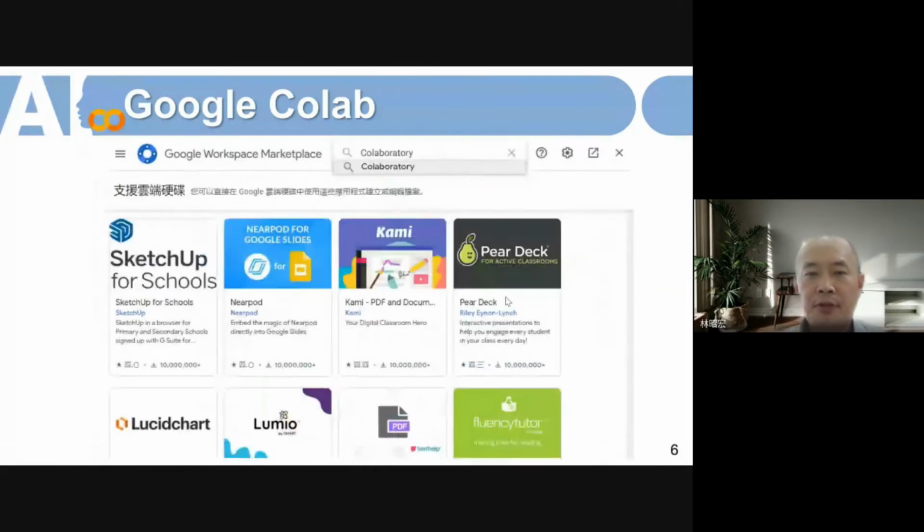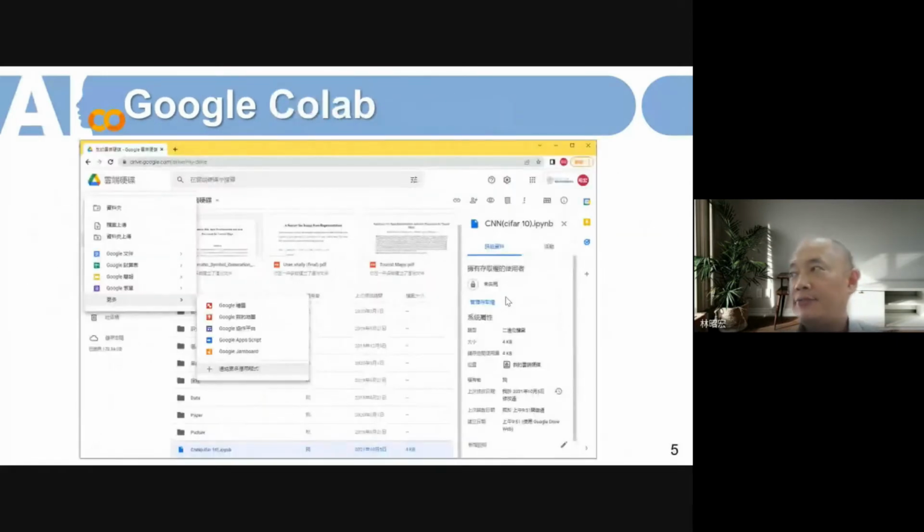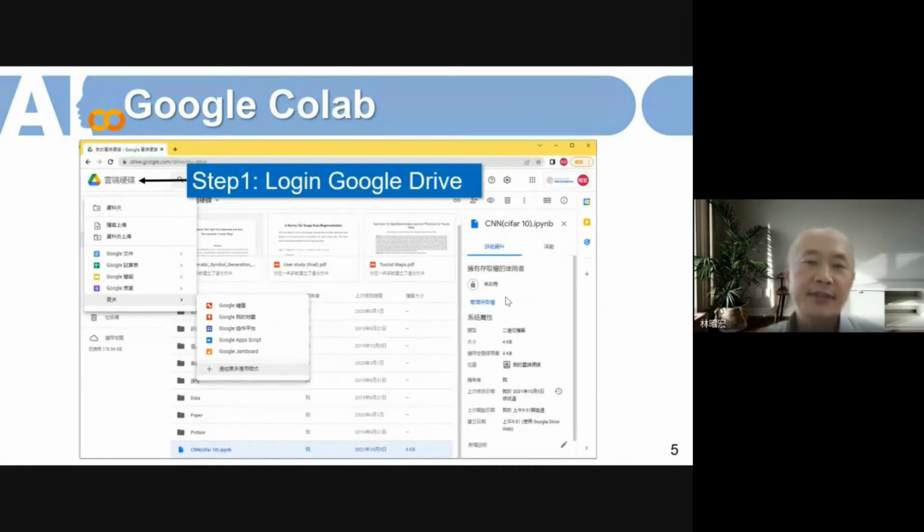Before we move to the lecture, the first thing for you to do is to install Google Colab. Before that, you need to have a Google account. I hope you already received the information that one requirement for this lecture is to have a Google account.